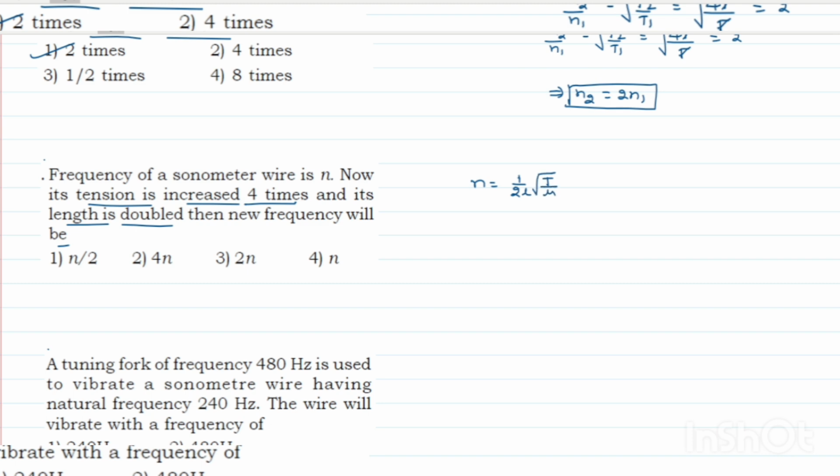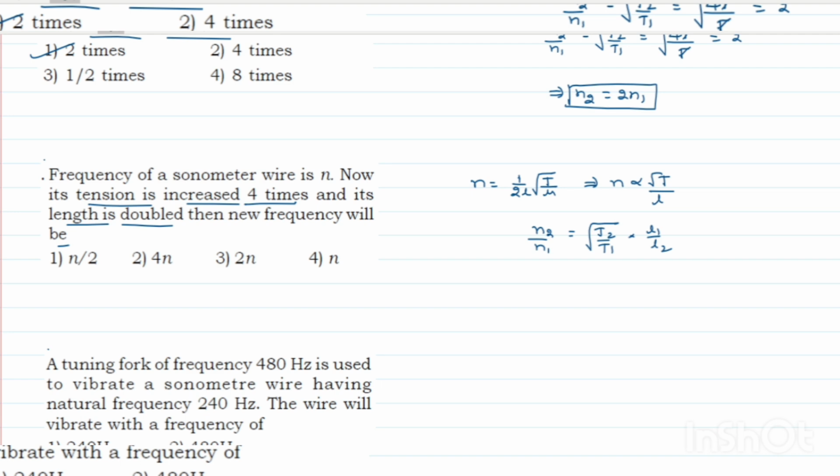It is related to the tension and length, so N is directly proportional to root over T by L. Then N2 by N1 equals root over T2 by T1 into L1 by L2.